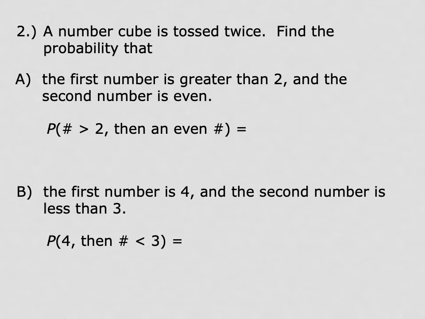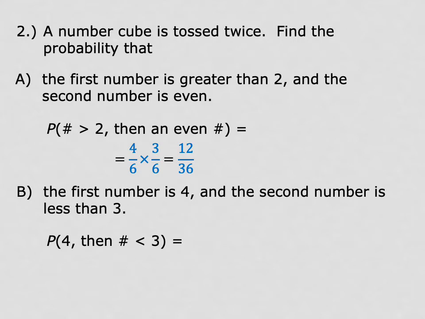To get the probability that a number is greater than 2, think about your sample space. If I'm rolling a number cube, it could be 1, 2, 3, 4, 5, or 6. So you have 6 numbers in your sample space. How many of those are greater than 2? That would be if I rolled a 3, 4, 5, or 6. So that's 4 total out of my 6.